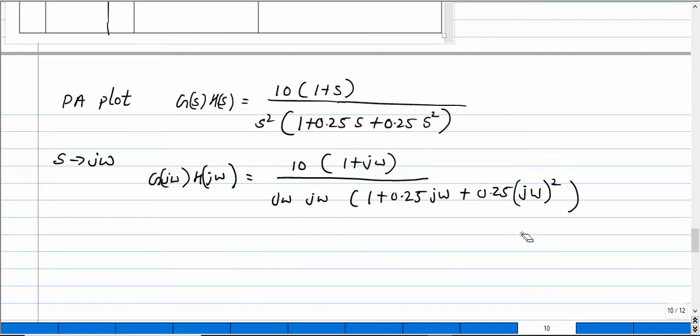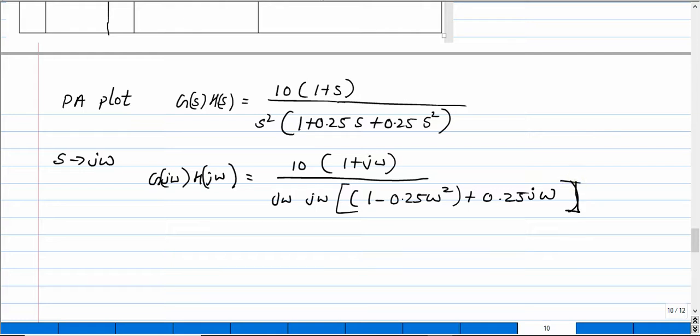So let me rewrite this equation: 1 minus 0.25 omega square plus 0.25 j omega. I have written it in the form of x plus iy, so this part is real and this is imaginary, so that we can write our angle equation.